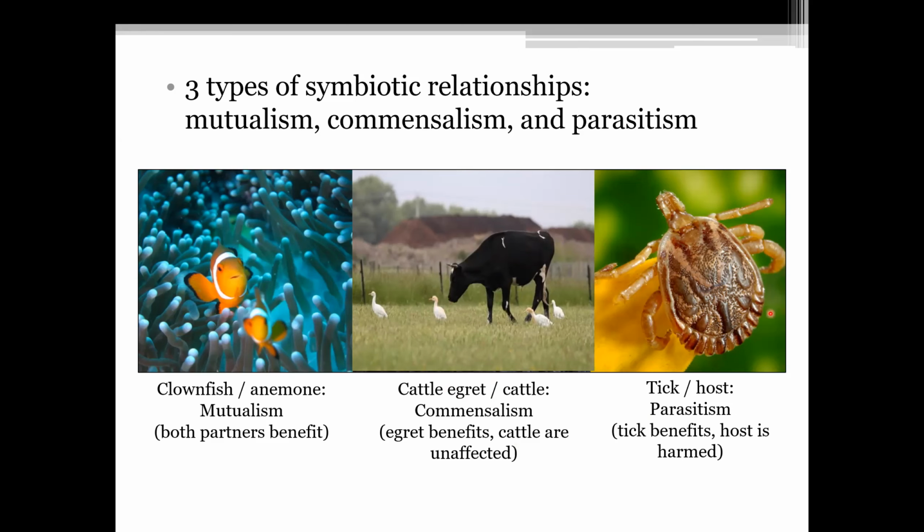And then the last one would be a parasitic relationship. And here the tick is going to benefit by feeding off of the host's blood, and the host is harmed in this situation.